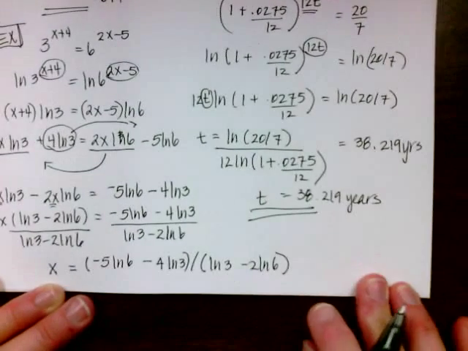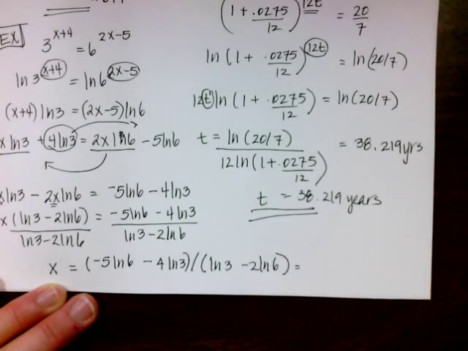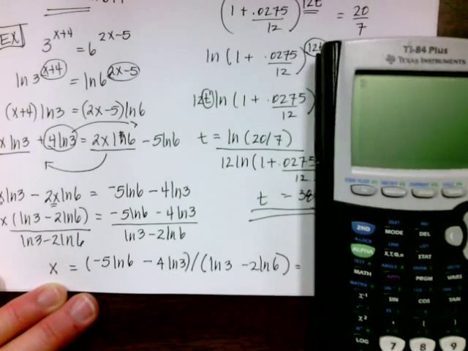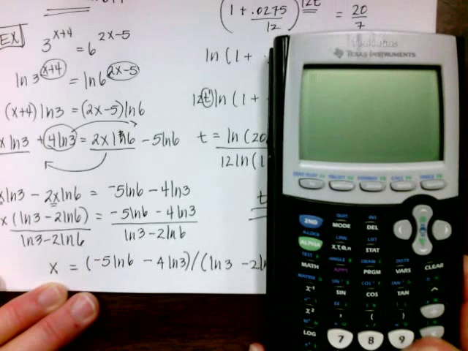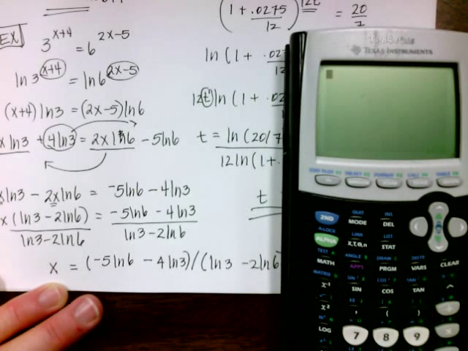Okay, so I'm going to scoot this over just a little bit, and I'll show you our calculator work. Okay, alrighty, see if you can see that. All right, so I'm going to do my numerator first. So a negative 5 natural log 6, close parentheses, minus 4 natural log 3, close, close. That gets the numerator, divided by open, the natural log of 3, minus 2 natural log 6, close, close, go.